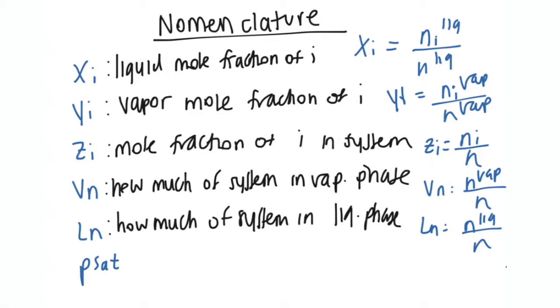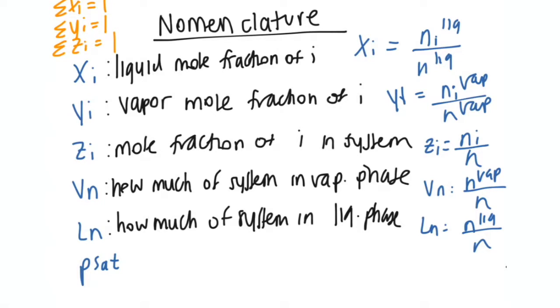And also I want to remind you of a few key things. If I have a mixture of different species, the sum of your liquid mole fractions is going to be equal to 1. The sum of vapor mole fractions equals 1. The sum of the mole fractions of your species in the system, all of them, equals 1.